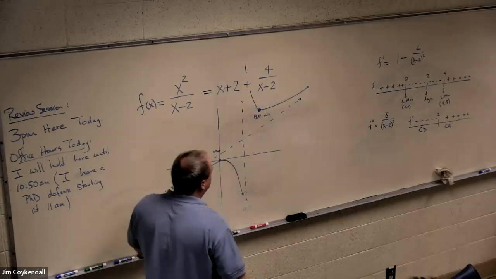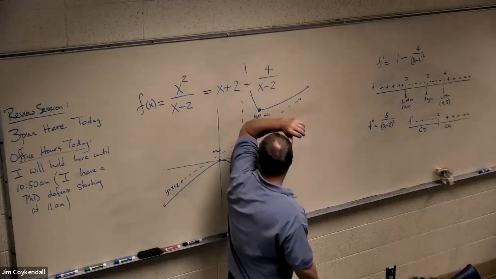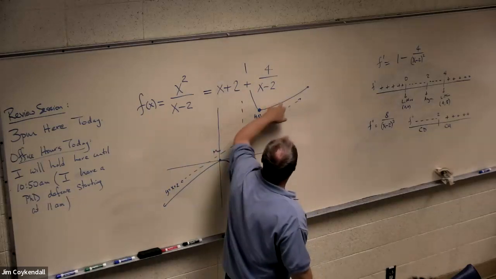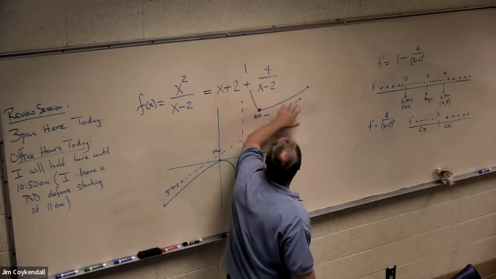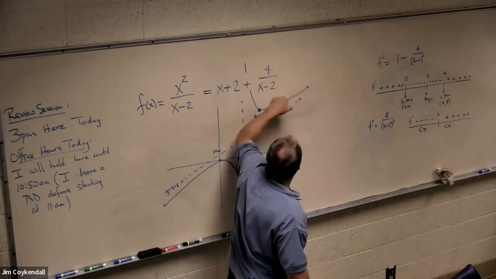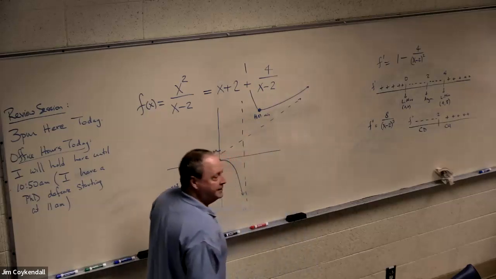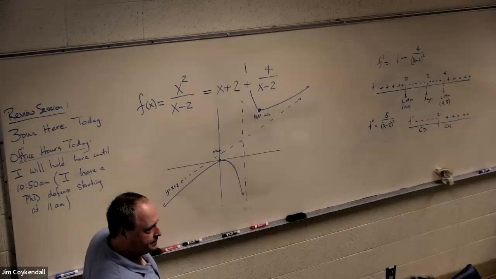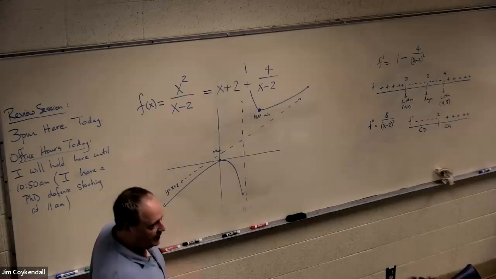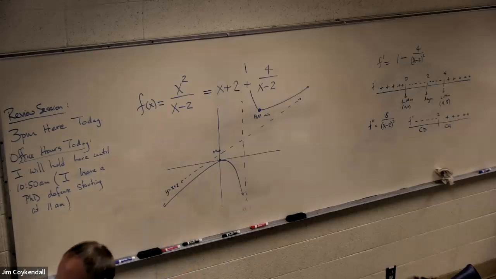So it's below the line. Over here, the function that I'm drawing solid is the line plus a little bit, now x is positive, so it's actually above. Everybody see that? Any questions?